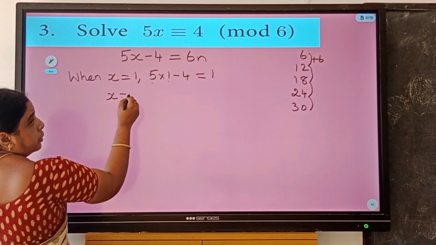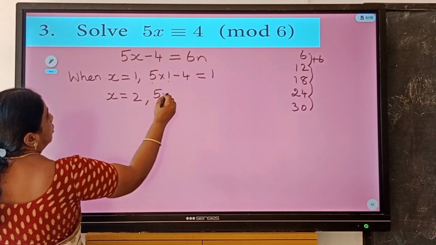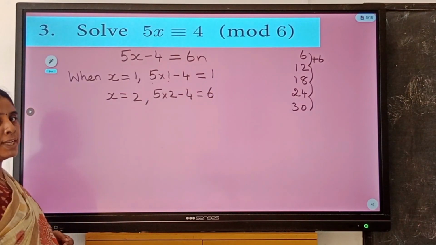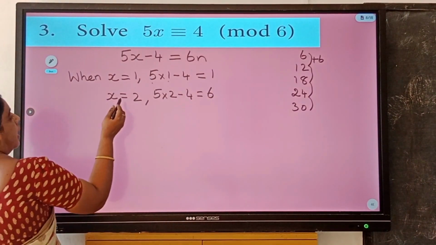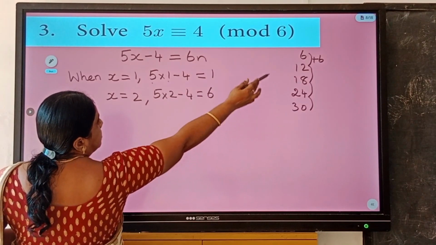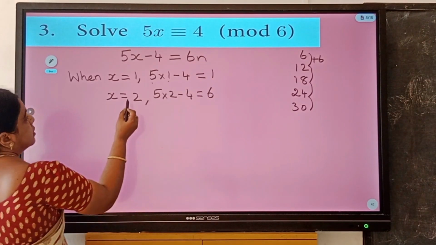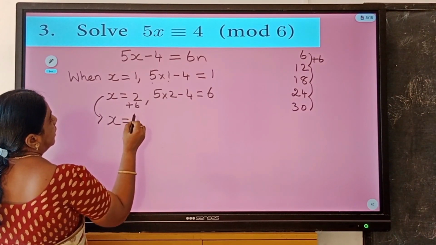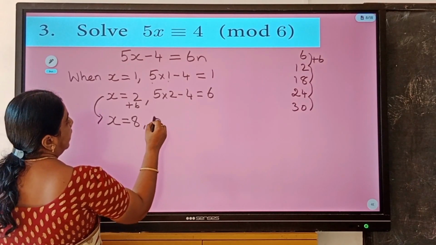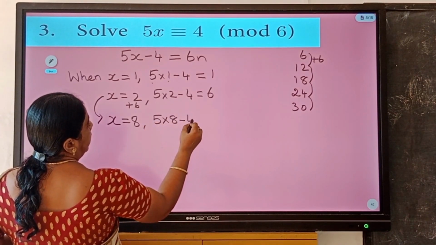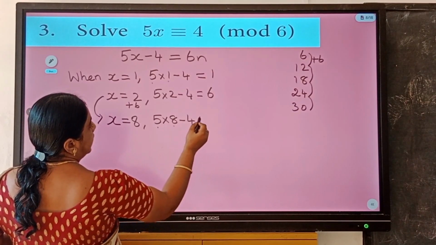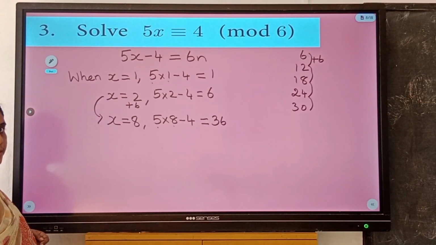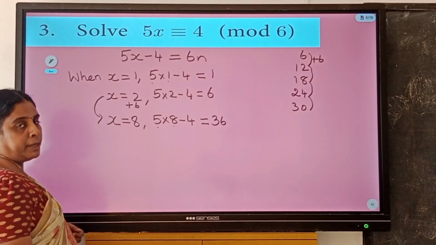When x is equal to 2, 5 into 2 minus 4 is 6, and 36 is divisible by 6. Yes, of course, it's a multiple of 6.